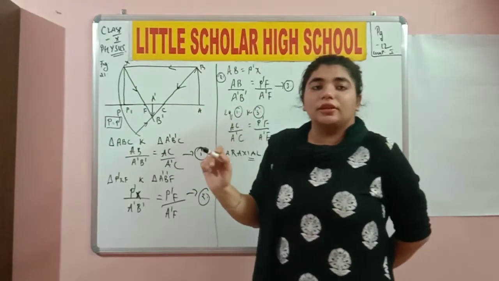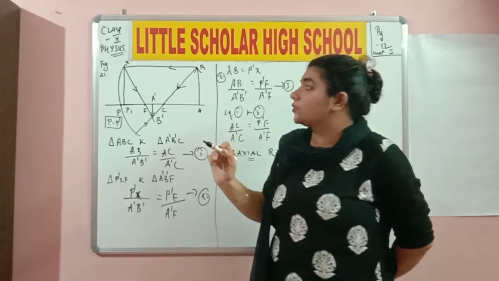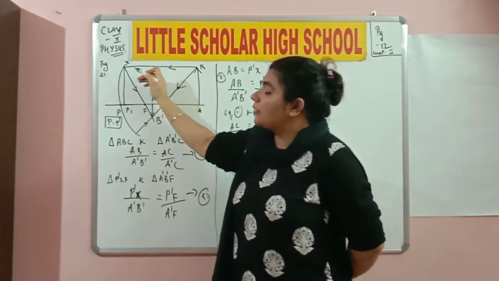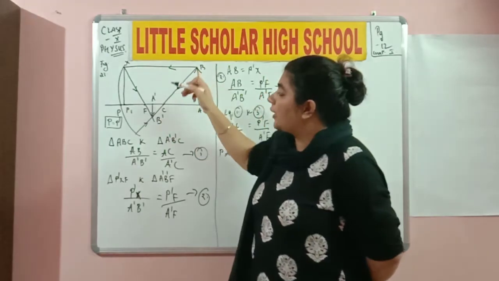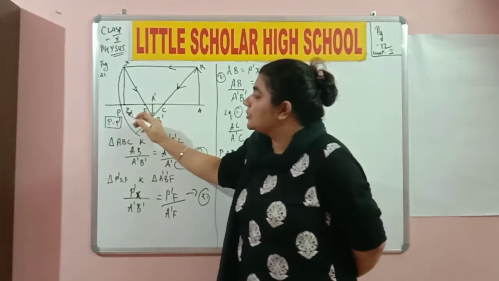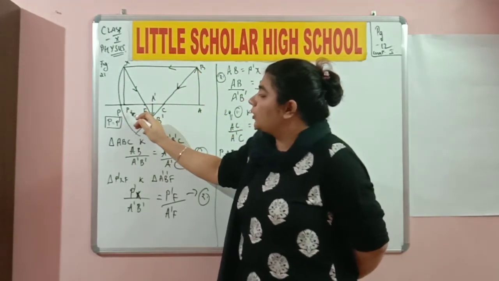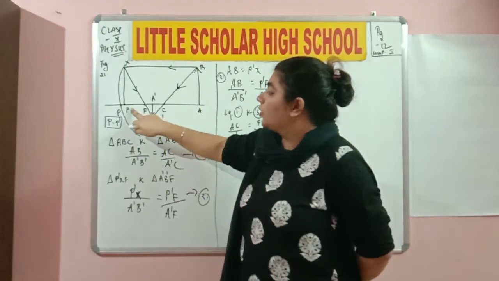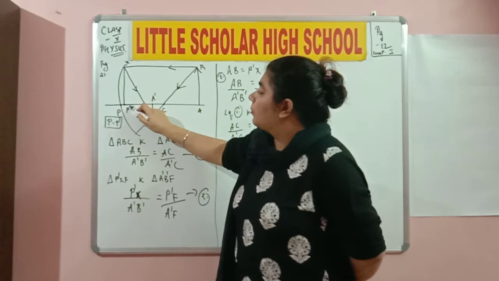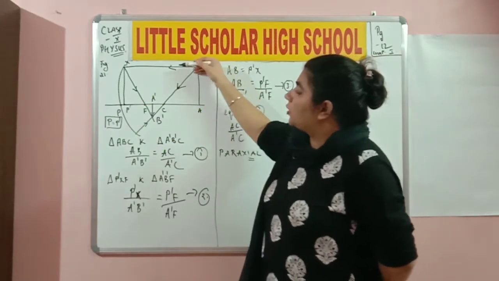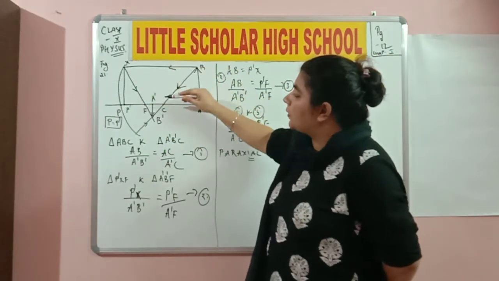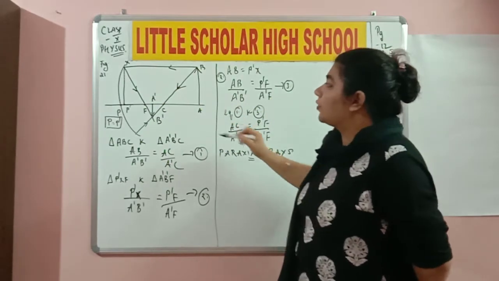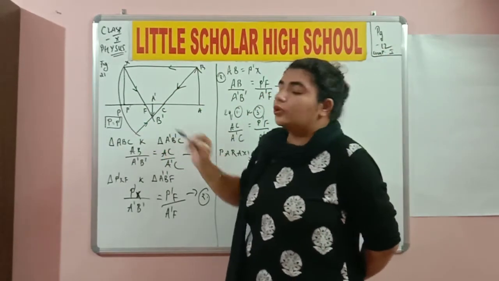So what is the condition that we are taking under approximation over here? If this particular parallel incident ray was very close to the principal axis, or if it was a paraxial ray, then P would be equal to P dash.